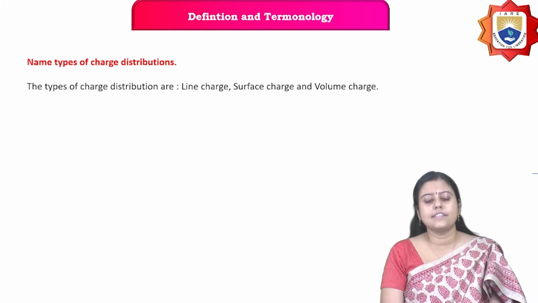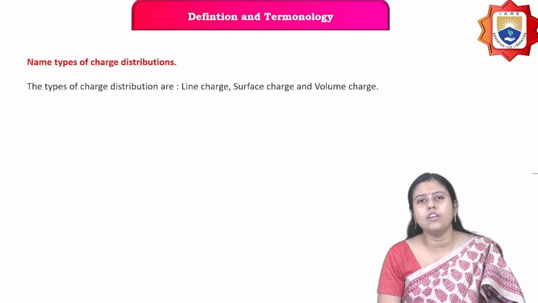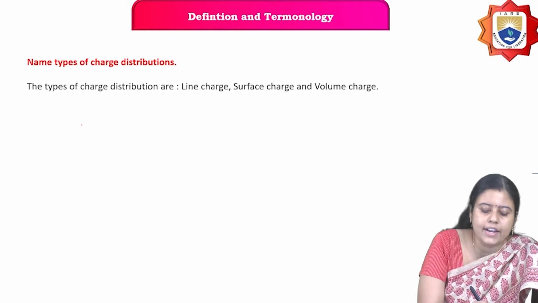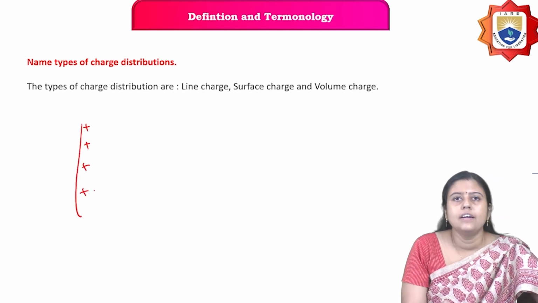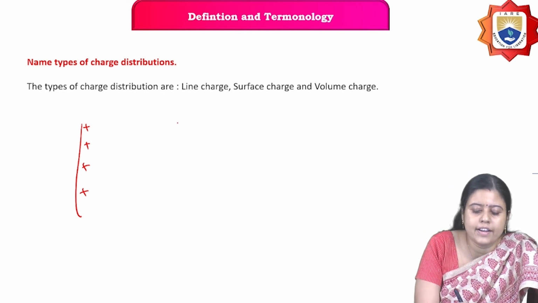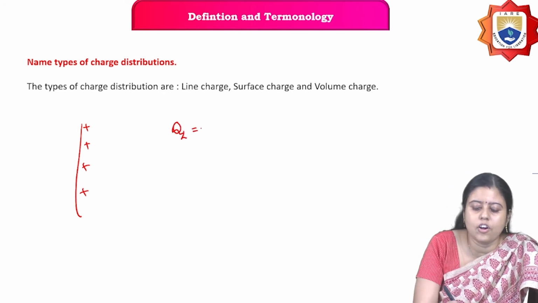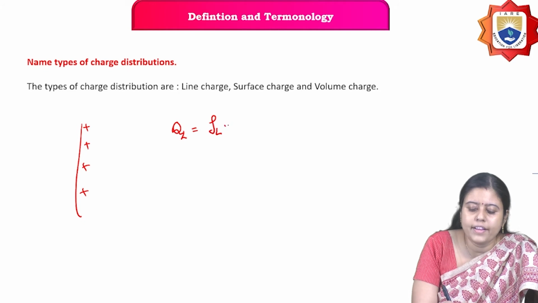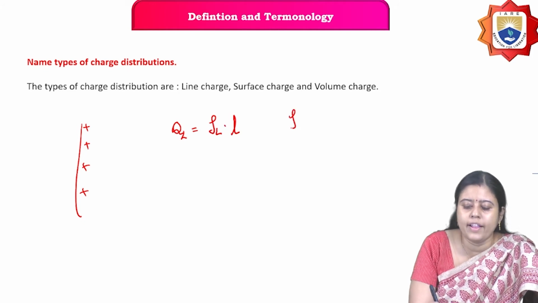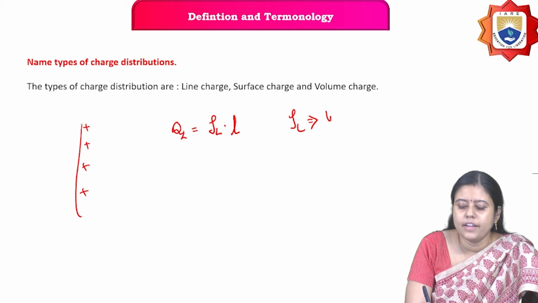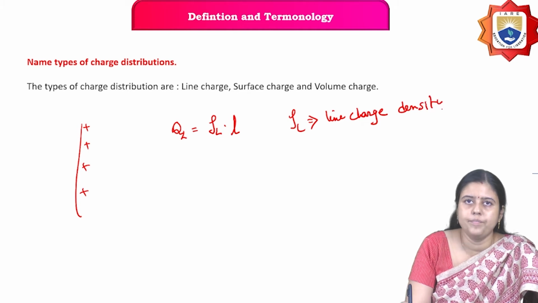So, what is line charge? Charge along a line. If the charge is along a line, line charge is equal to rho L into L, where rho L is the line charge density.